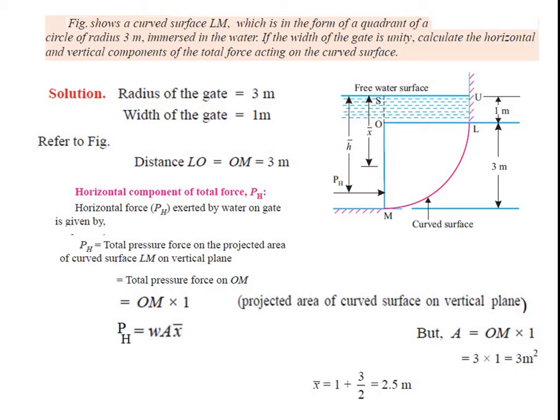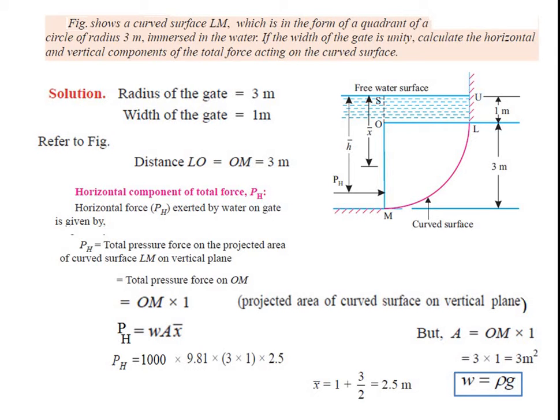Therefore A is equal to 3 meters square. Now here X bar is nothing but 1 plus 3 by 2, that is R by 2. This 1 is the initial distance plus the center of gravity, which is R by 2, and it is 2.5 meter. And we know that W is rho into G. For water, rho is 1000 and G is 9.81.